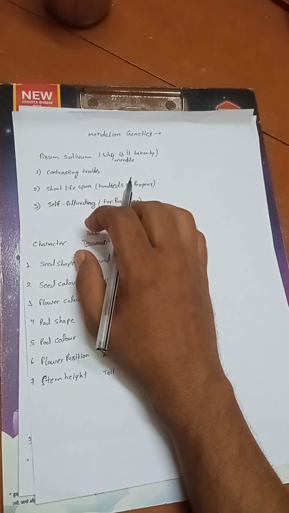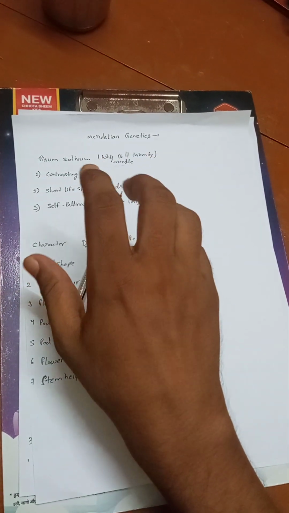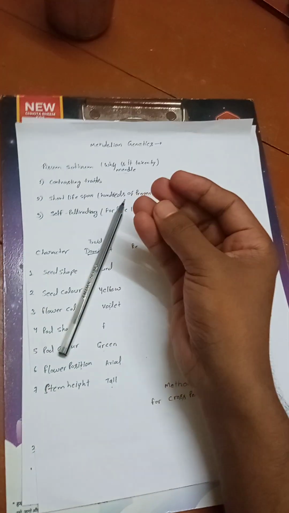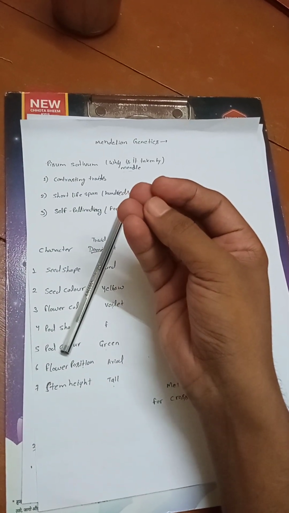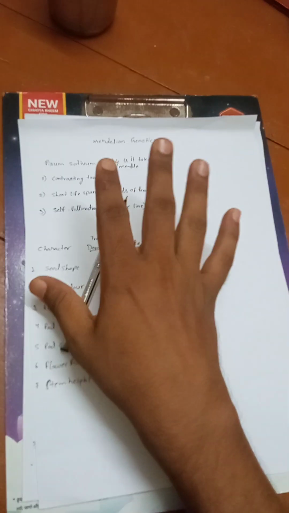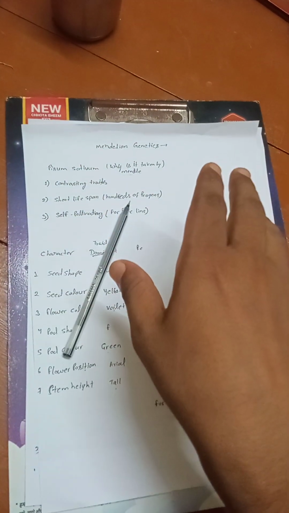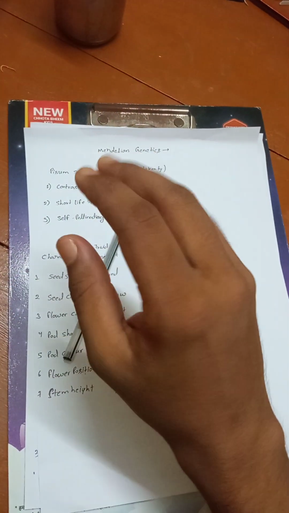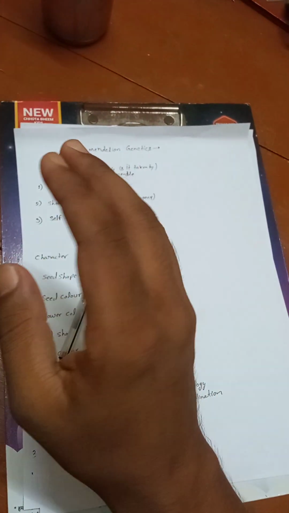Contrasting trait means two extreme characters, with no character between them. If you take the height, like plant height, you see either a tall plant or a dwarf plant, none of intermediate height.